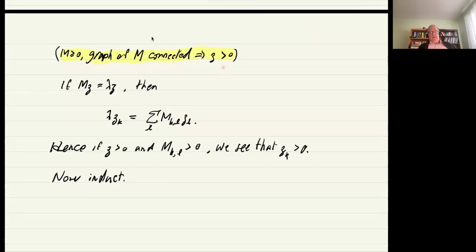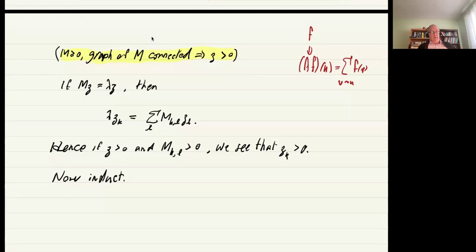This is going back to the idea that if I have a function on the vertices of a graph, so I have a function f and it gets mapped to Af, then the value of Af on u is just the sum of the values of f on the neighbors of u. Okay, now I'm writing this out in more detail here.